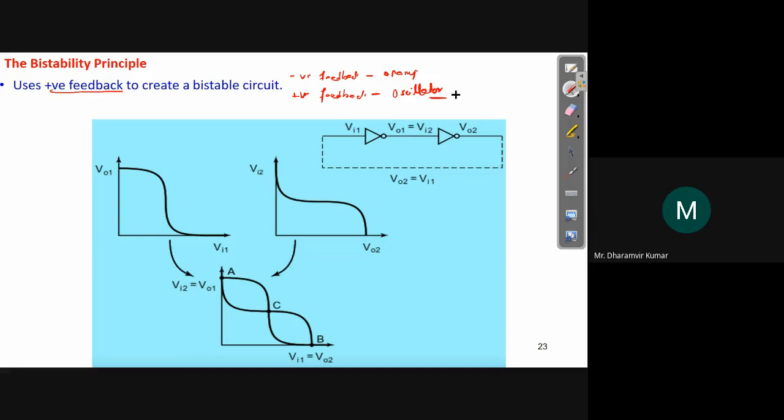It uses the positive feedback concept, and in op amp we generally use negative feedback. In oscillator we use positive, and we know that negative feedback increases the stability of the circuit, whereas the stability weakens when we use positive feedback.